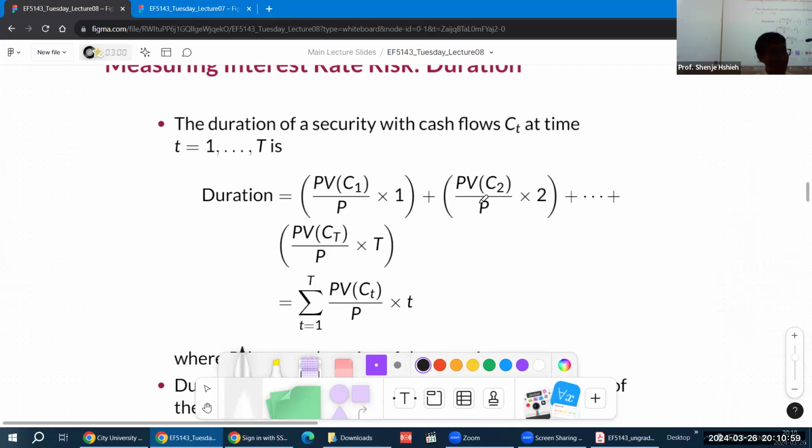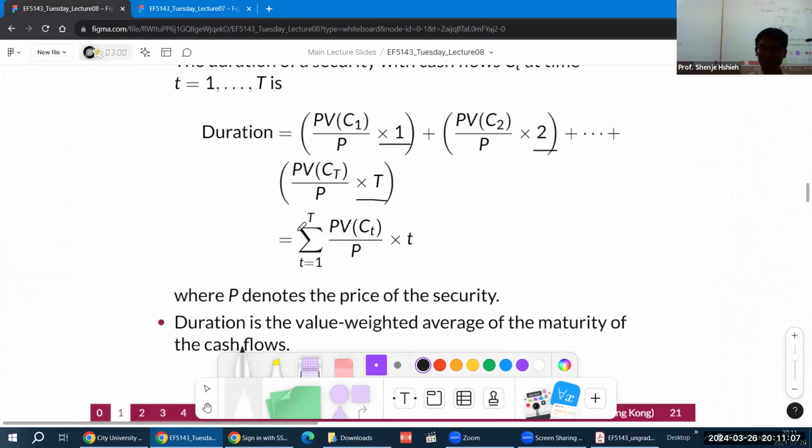So it's a percentage of the total value of the bond, weighting the time: 1 year, 2 years, all the way to time t. Duration, therefore, is the weighted average of how soon you receive your money. So you are more exposed to interest rate risk if this number is very large, because that means it takes a long time to get your money back.